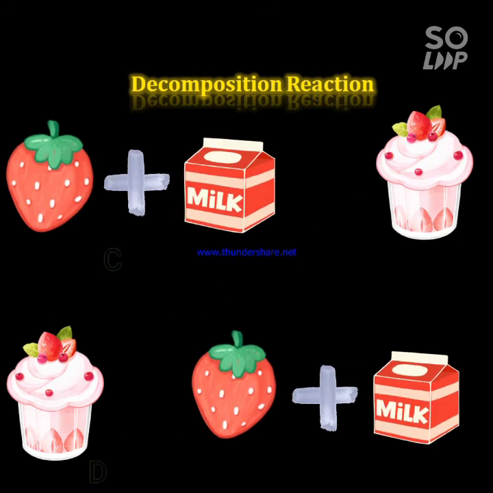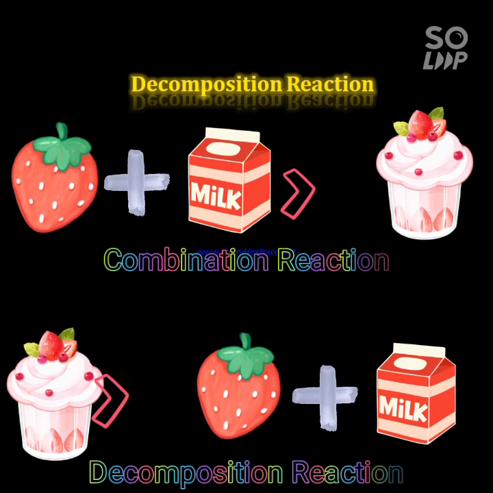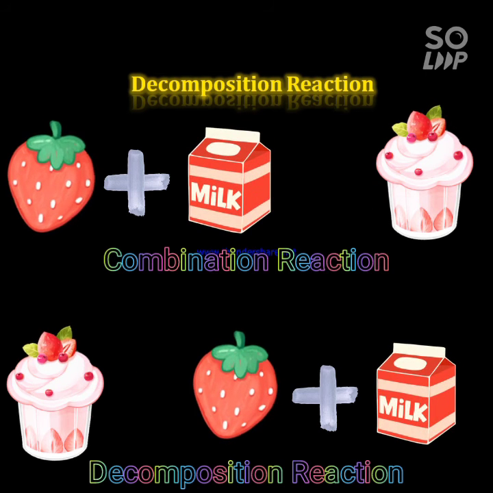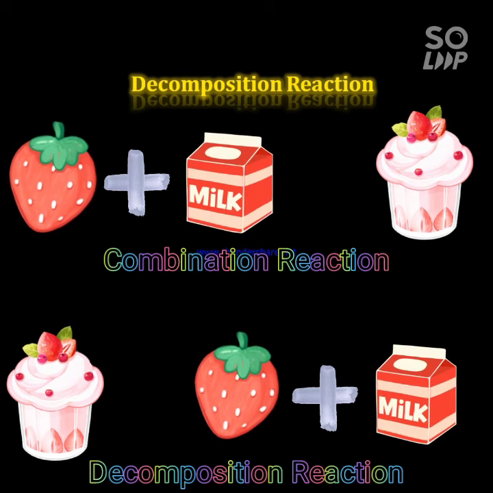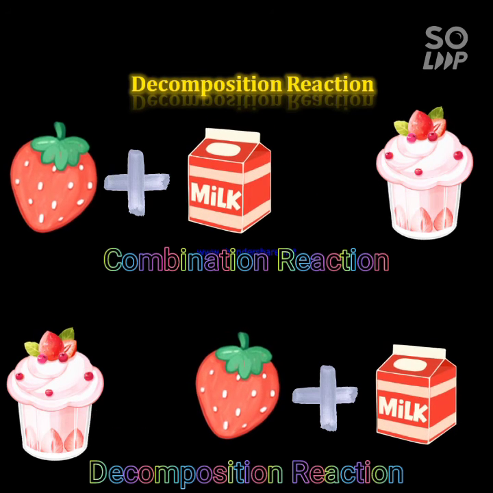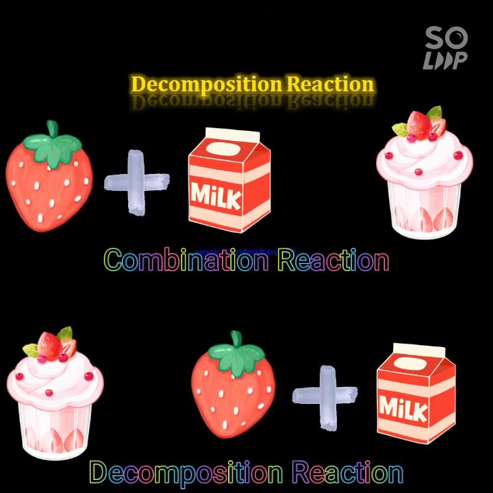In combination reaction, we were actually combining two different chemical species to form one single compound. In decomposition reaction, single compound breaks down into simpler substances. Those simpler substances can be in elemental form or also can be in simple compound form.